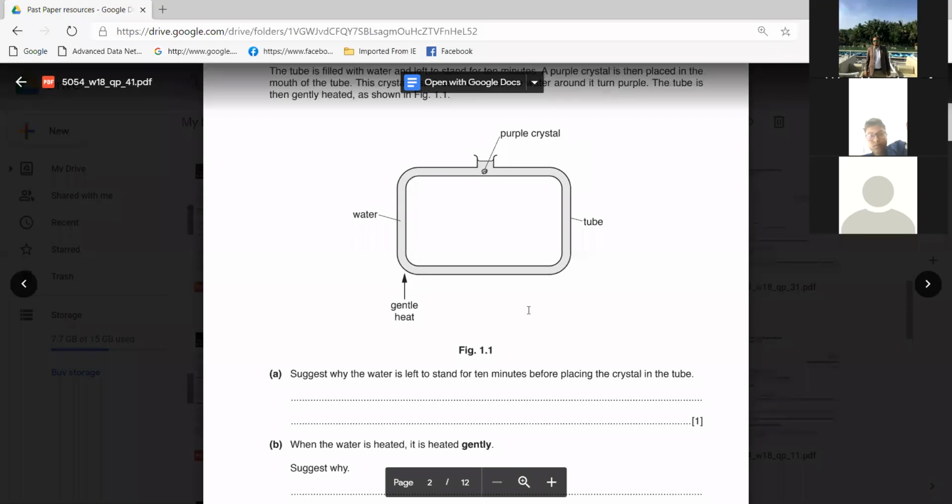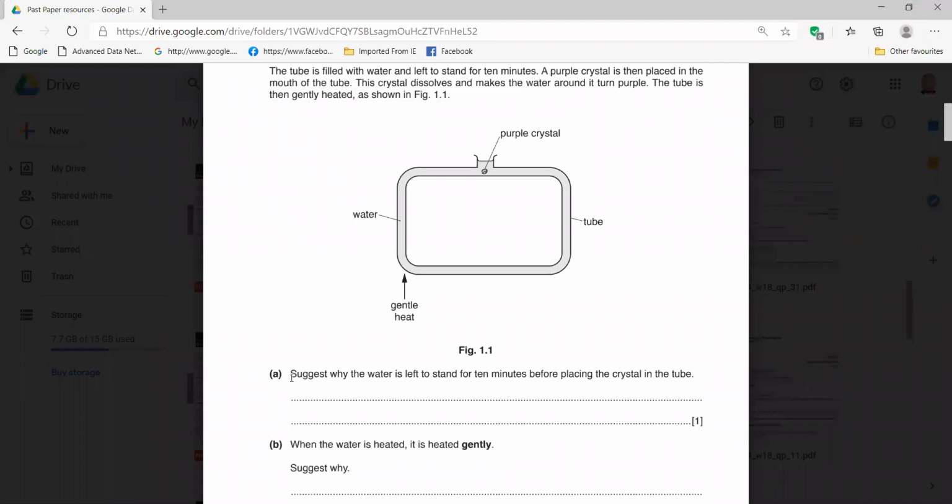Okay. Now A. Shafkat, go through A. Read A and tell us the answer.